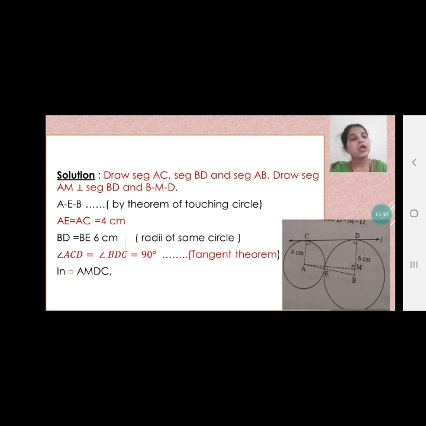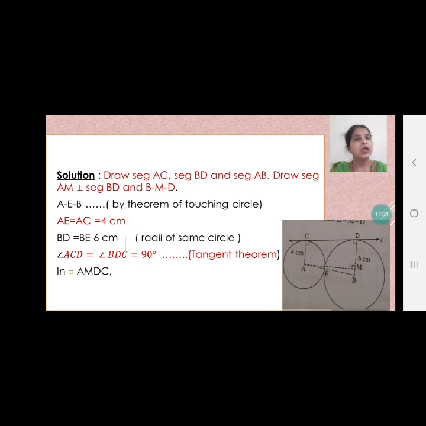Now here what do you observe? Very first thing, CA is 4 cm. So the measure of AE will also be 4 cm, radii of the same circle. EB is 6 cm, BD is 6 cm, radii of the same circle.